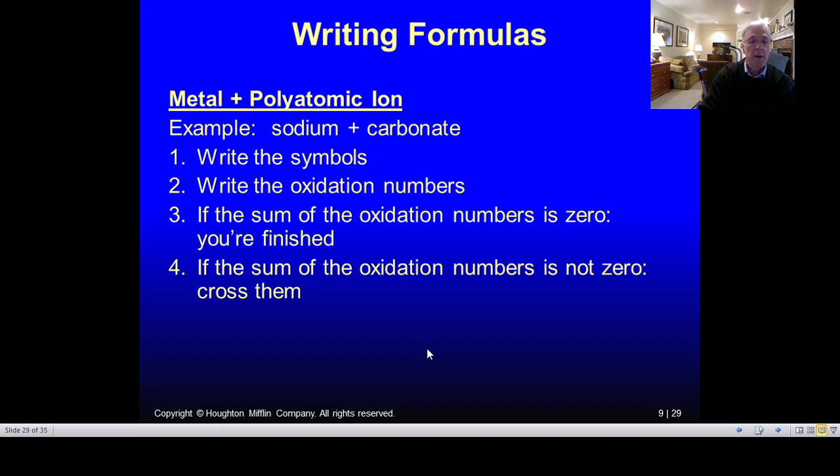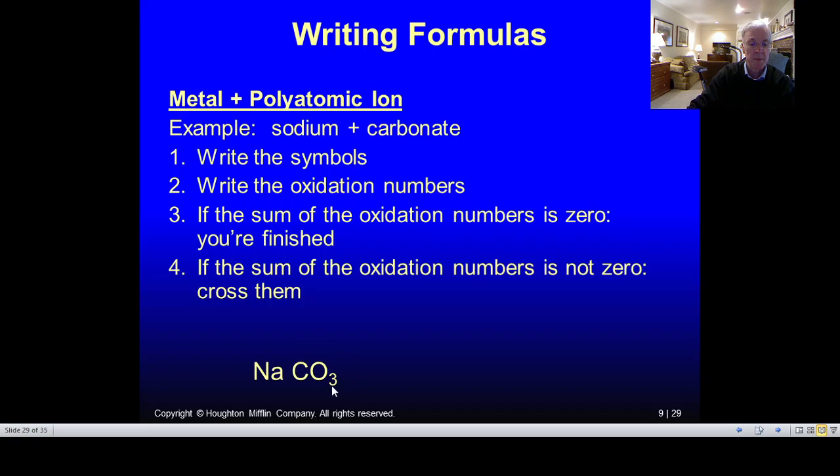If we wanted to write the formula for sodium carbonate, we would do it the same way that we've been doing. We'd write the symbols, we'd write the oxidation numbers, and if the oxidation numbers add up to 0, we're finished. If they do not add up to 0, then we cross the oxidation numbers. So sodium carbonate. Na is the symbol for sodium. Carbonate has the symbol C, capital O, with a subscript of 3.